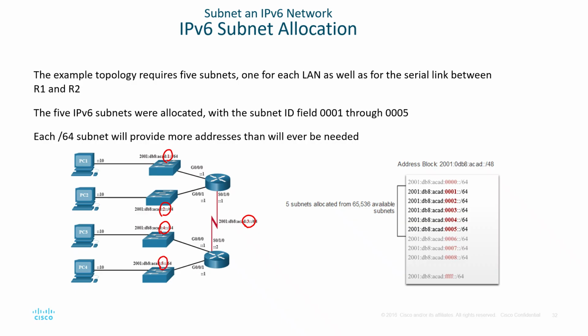Okay, do understand the double colon after those numbers, that's the compression of all zeros. So these are the network numbers. These are not interface numbers.